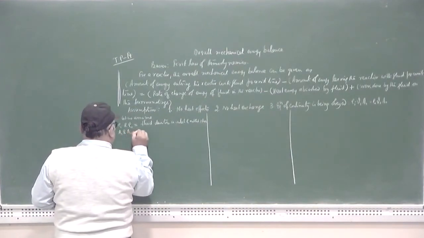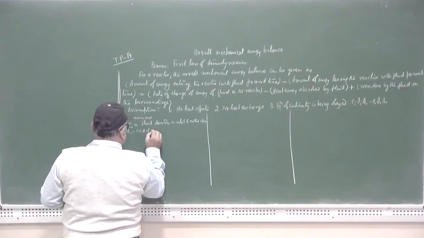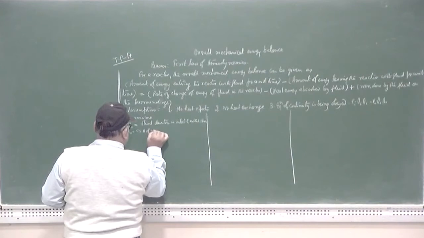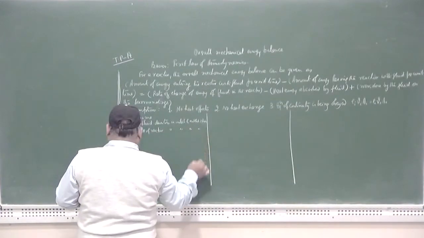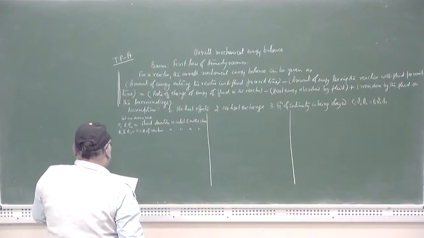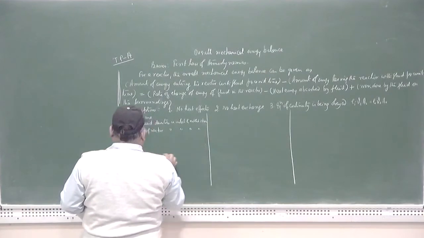A I and A naught are the cross sectional areas in the inlet and outlet streams.